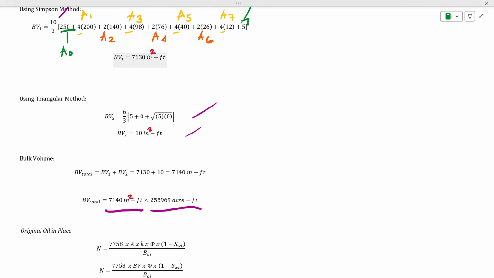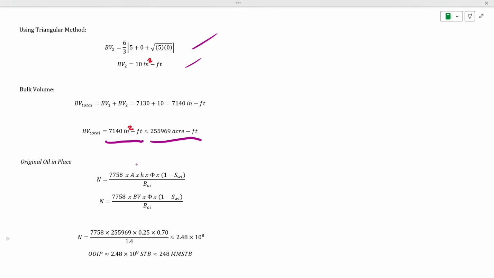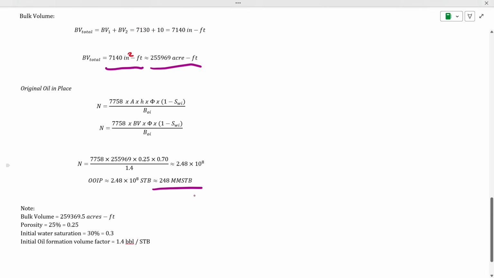Using this value, we can now calculate the original oil in place. Just substitute the given parameters, and this will be the final answer: approximately 248 mmSTB. So that's how you calculate the bulk volume of a reservoir using the Simpson method.